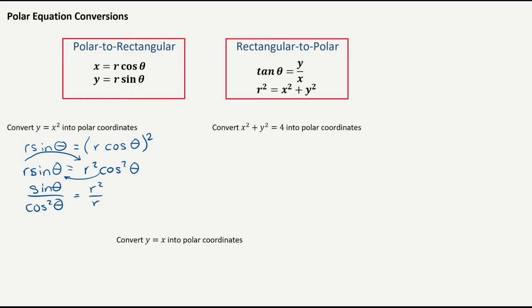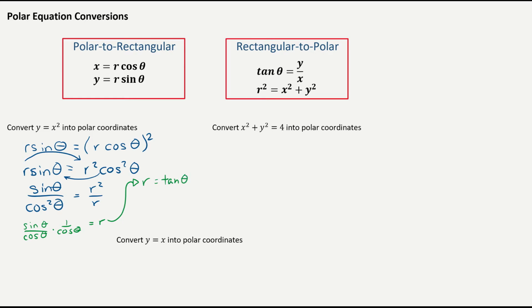Now we can simplify that a little. Sine theta over cosine squared theta. I can think of that as sine theta over cosine theta times 1 over cosine theta equals r. And let's flip it around, r equals, what's sine over cosine? Well, you know that that is just tangent.